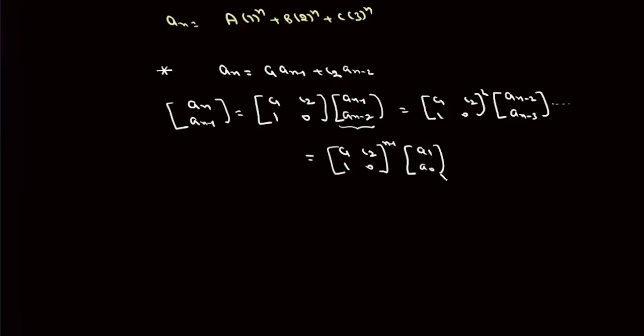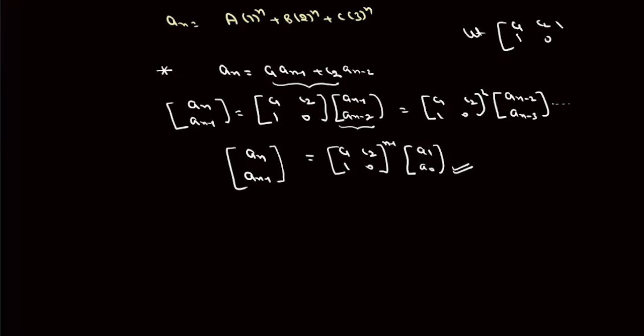So what we are basically doing is we are applying this linear map repeatedly to get this recurrence a_n, which we can translate into this matrix equation.